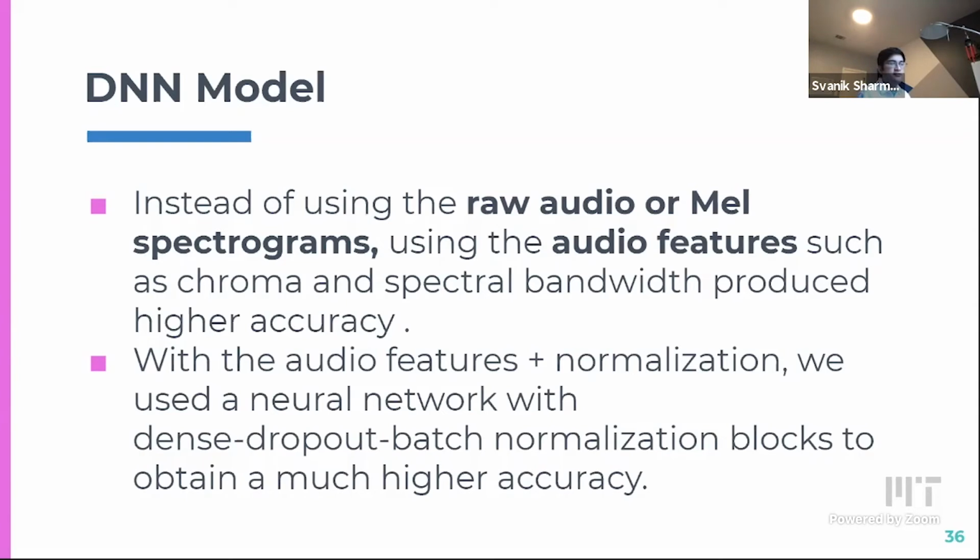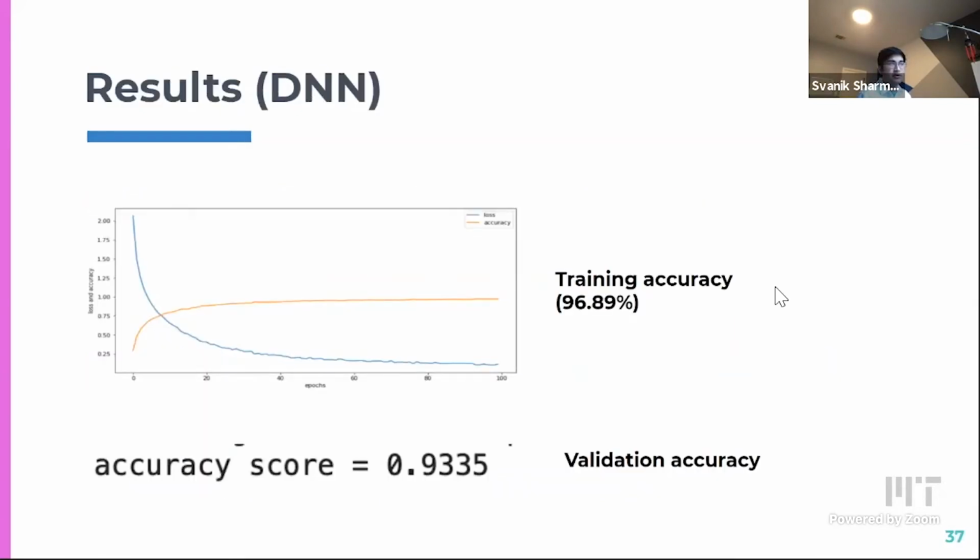So once we took these audio features that were extracted for us and normalized them, we then just simply used a couple of dense layers with dropout and batch normalization, and we obtained a much higher accuracy, as you'll see. The results of the deep neural network were extremely impressive. The training accuracy was 96.89%, and the validation was 93.35%.